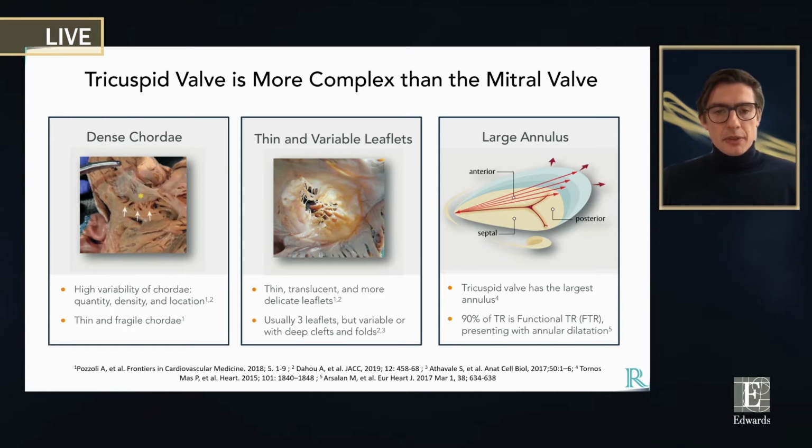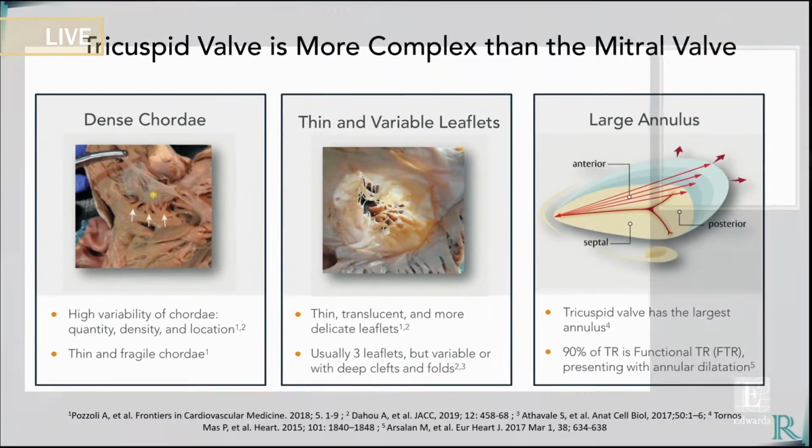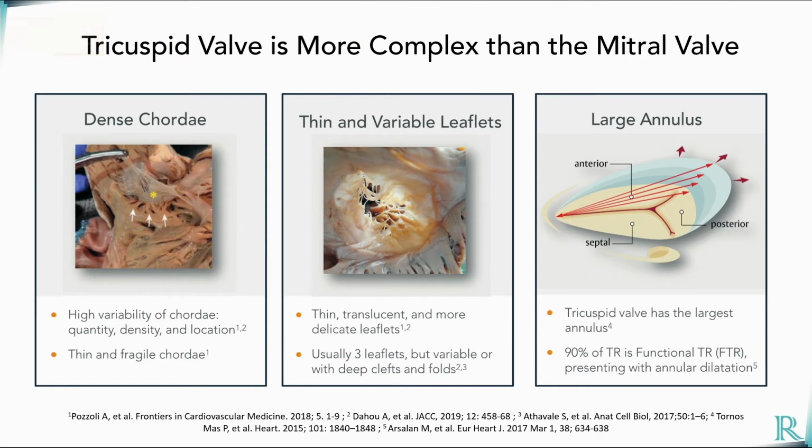Now, when it comes to treating tricuspid regurg, there are a couple of anatomical specifics which need consideration. First, in contrast to the mitral valve, we have more and more dense chordae at the subvalvular apparatus. Secondly, you've heard before that the mitral valve is a vulnerable structure, which applies even more so for the tricuspid valve.